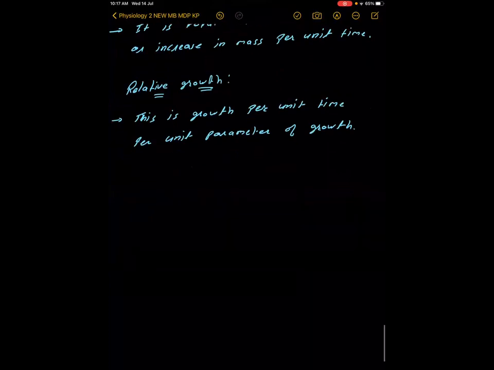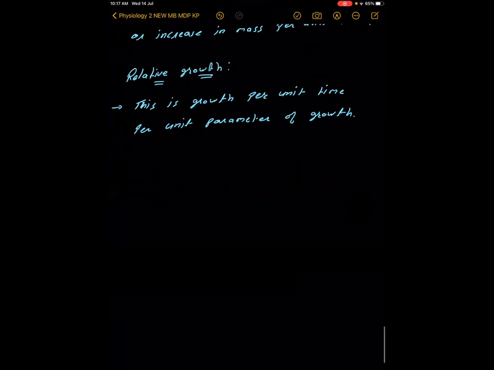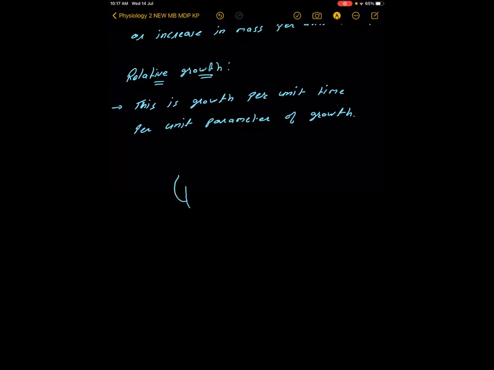See, here there is an example of two leaves. Generally maximum growth is shown by leaves. Suppose this is one leaf, the smaller leaf, and another is the larger leaf.